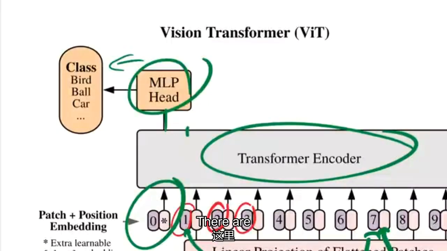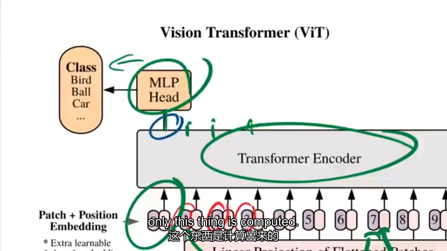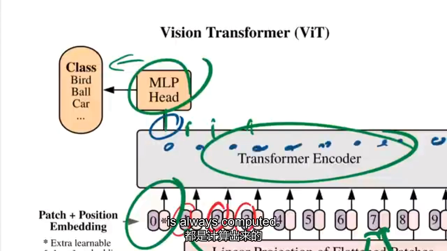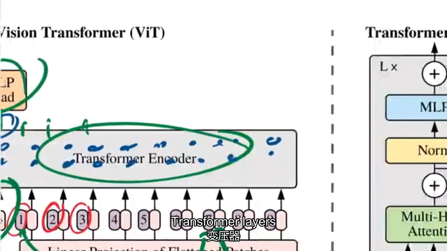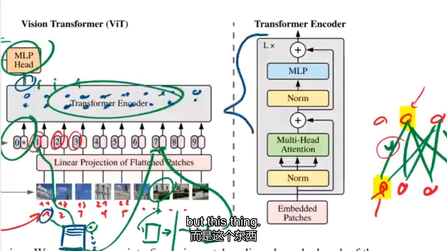Okay, so there are more outputs right here, but they are discarded, of course, because in the last layer they're actually not even computed, I would guess. In the last layer only this thing is computed, but in the other layers everything is always computed, right? So you have many transformer layers in here. Transformer layers are of course made up from these blocks right here.